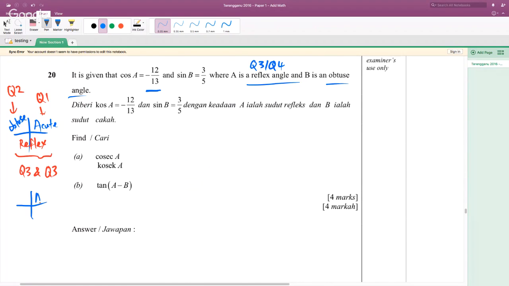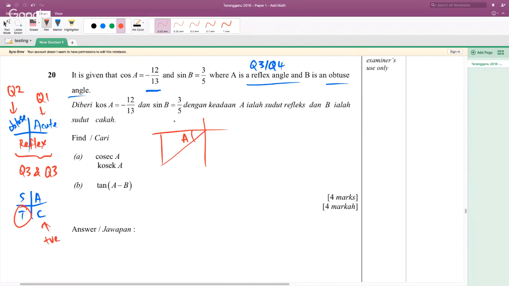If you learned about ASTC, add sugar to coffee, before, you know cos is positive in the last quadrant. So if cos is negative, it's confirmed A is in the third quadrant because in the third quadrant cos is negative. So I will draw a triangle in the third quadrant. I'm going to call the angle A. Cos is adjacent over hypotenuse.